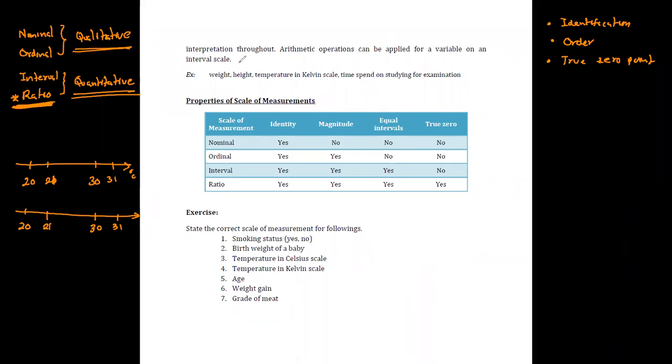And for the height also, we can see that the first two are satisfied, identification and order are there. If you are considering the height, there should be a true 0 point. It is because if you are measuring the height and you get 0, then there should not be any height there. Therefore, there is a true 0 point.